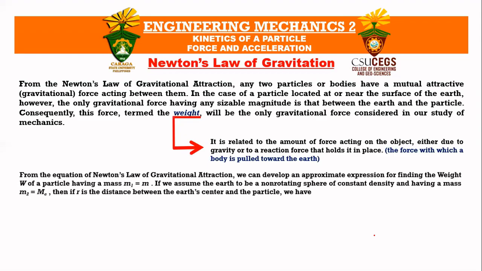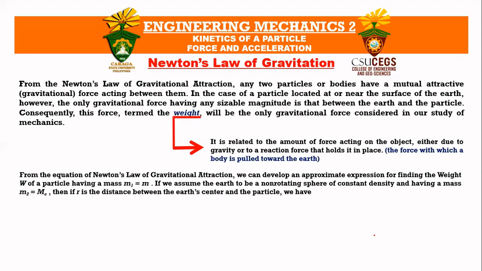So from the equation of Newton's law of gravitational attraction, as we mentioned in the previous slide, we can develop an approximate expression for finding the weight W of a particle having a mass m1, which is equal to m.